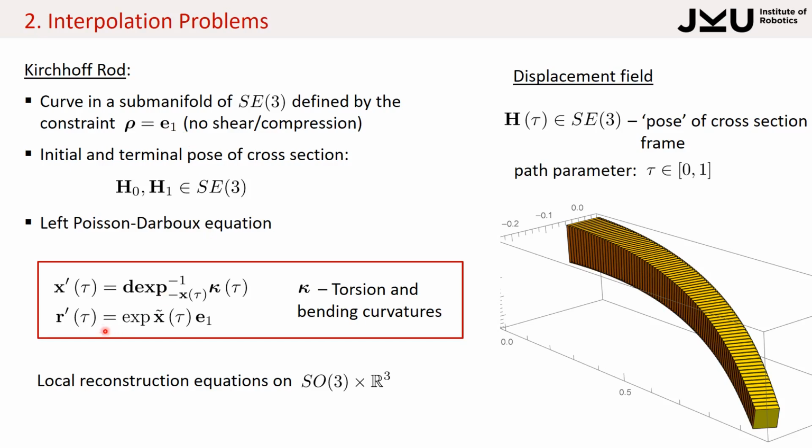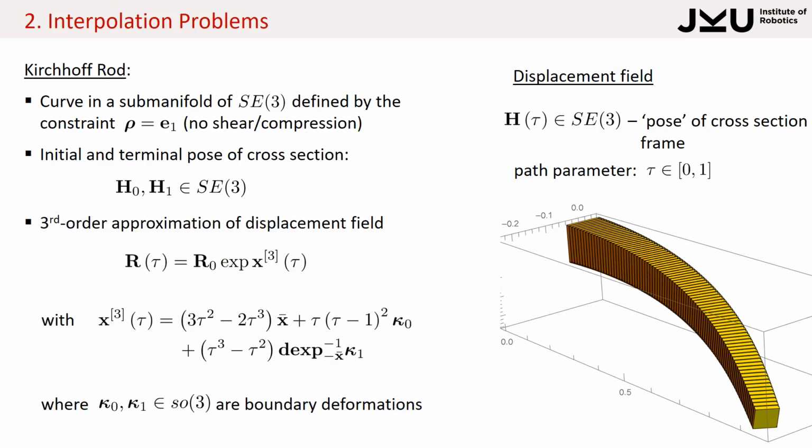And then the kinematic reconstruction equations reduce to this set of equations, and this is a decoupled system of equations, because the first one deals with the torsion and the bending, whereas the second one is just the result of the first one. So we have essentially reduced this system to a reconstruction on the direct product of SO3.